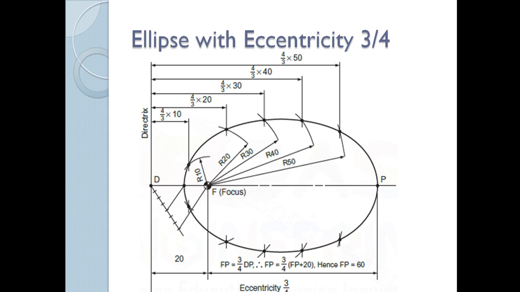So every time, 4 times 10 divided by 3 will give you this distance here from the directrix. And then the 3 parts, or the 10, would be for the radius. So every time you draw all the different radii and then work out the distance from the directrix, where they intersect you get points along the ellipse.